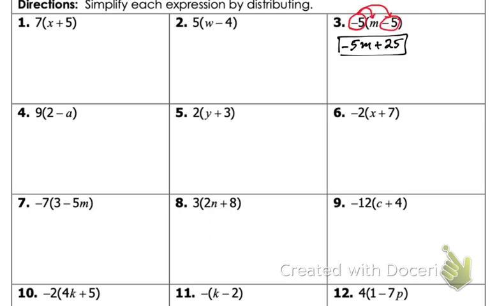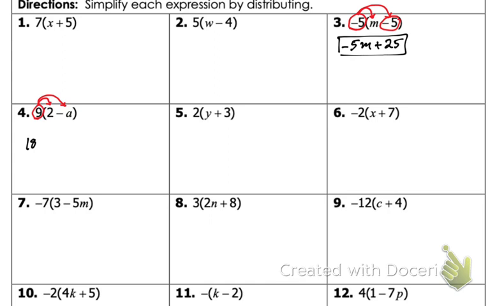Number 4. Let's take a peek at number 4. We're distributing a positive 9, so we don't have to worry about sign changes. We're going to have 9 times 2, which should be 18. Now, once again, we don't have to worry about sign changes.